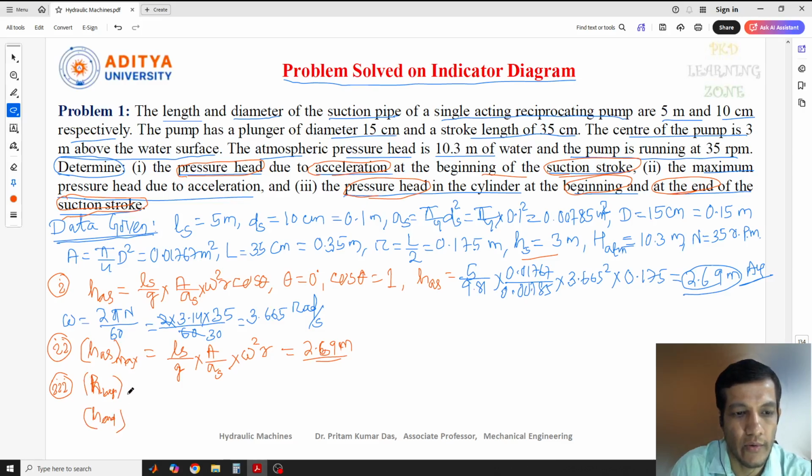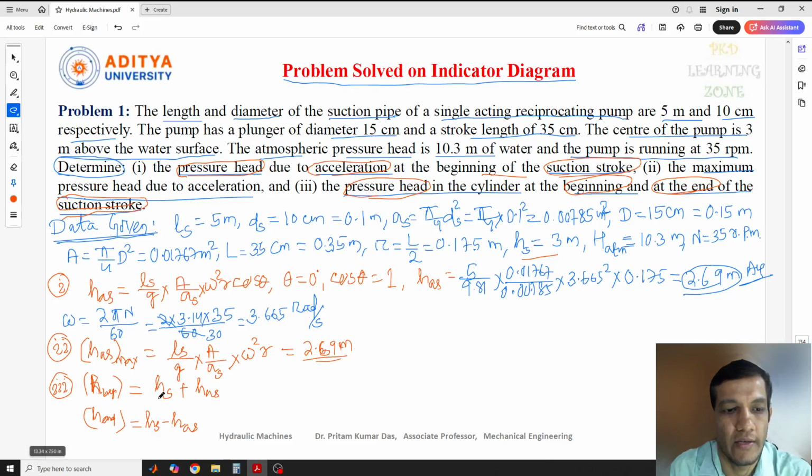At the beginning of the stroke, we need to consider the original suction head and the pressure head due to the acceleration, so we'll write HS plus HAS. For the end of the suction stroke, it will be HS minus HAS.